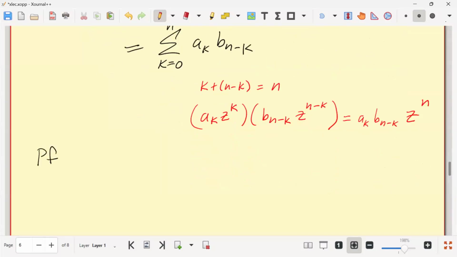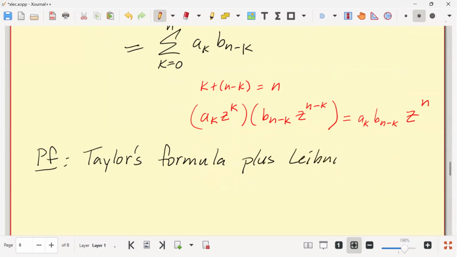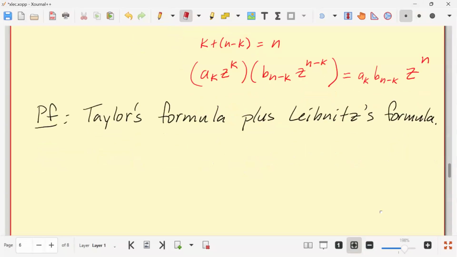So the proof of this fact uses Taylor's formula plus the famous formula called Leibniz's formula, which is about taking derivatives of products.